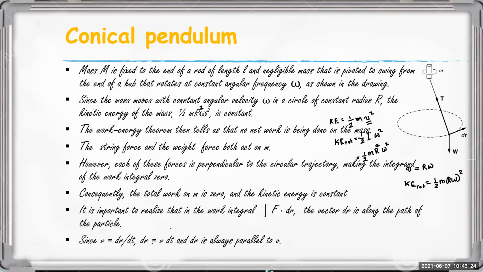So dr is equal to v into dt, where dt is the change in time. It is a scalar quantity. Then dr is in the direction along v. dr is always parallel to v.